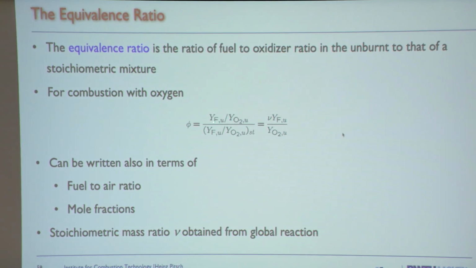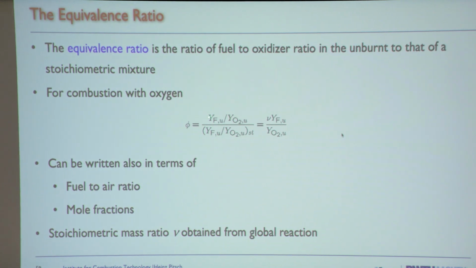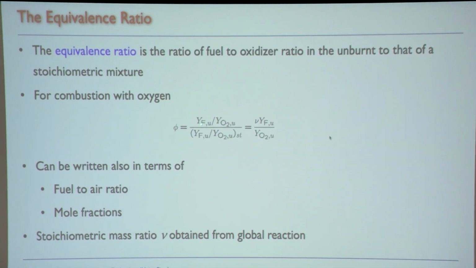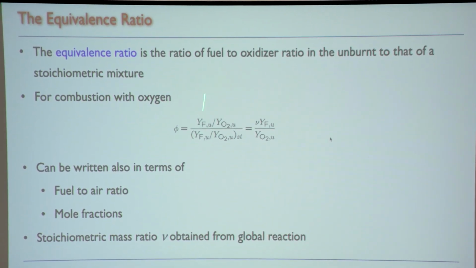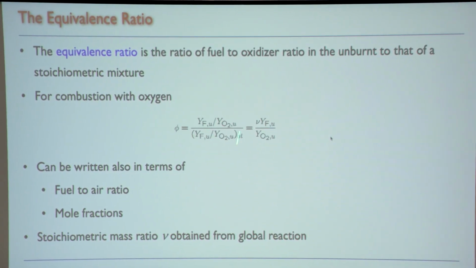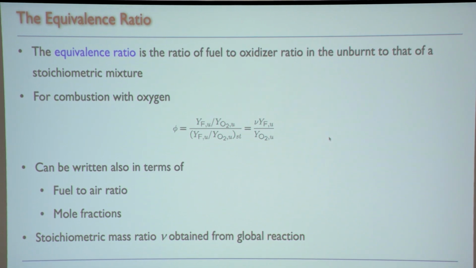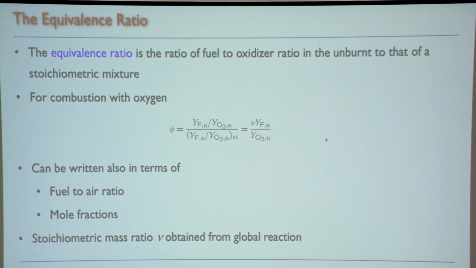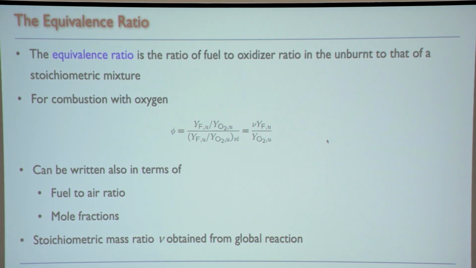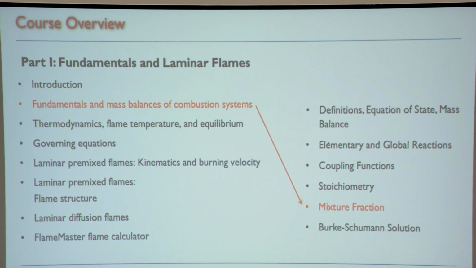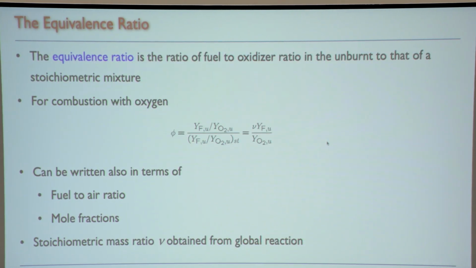Now, what's interesting about this is that I can divide by the molecular weight of fuel in the numerator and oxygen in the denominator, and then you see I can write the exact same thing in terms of moles, or mass fractions. It's the same thing. Unfortunately, what we usually do, and it's not written here, is a mix of both.